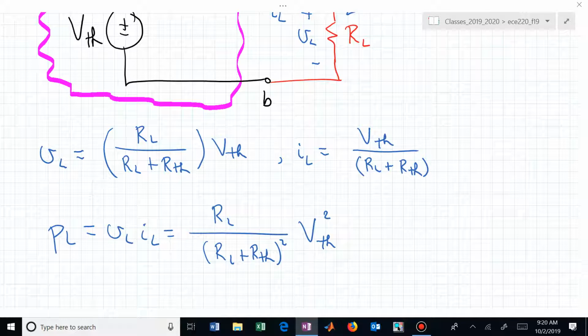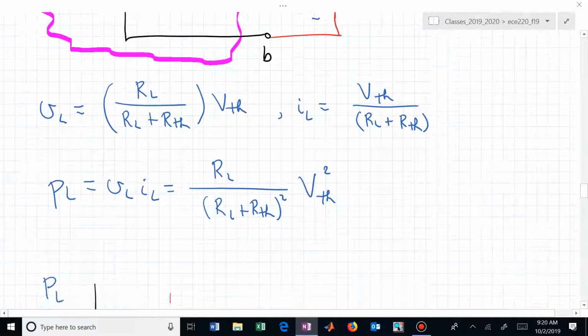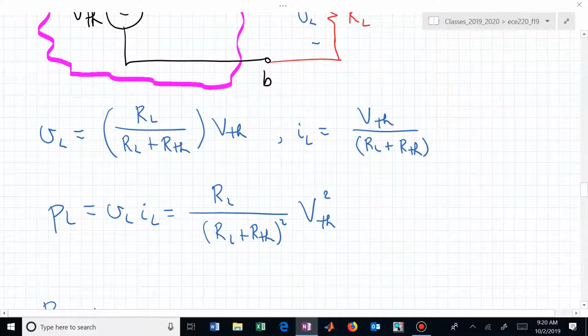Maximizes. How do we maximize something, or where did you learn about maximization? Calculus. Remember calculus? Can't forget that, right? You have nightmares about calculus.